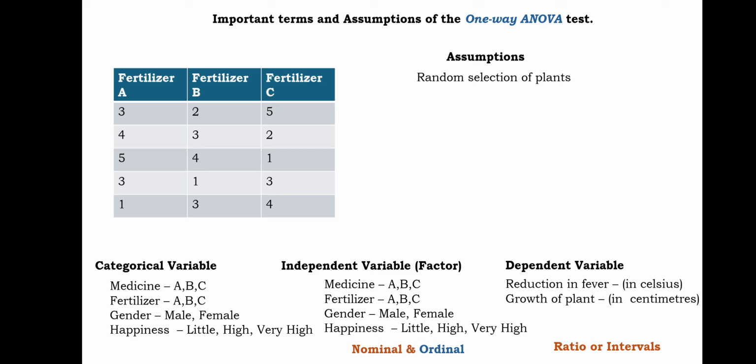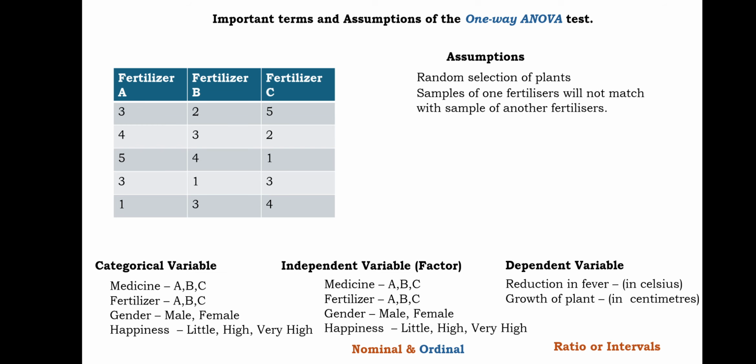The first and foremost condition of the one-way ANOVA test is that all the plants you are choosing for fertilizer A, for fertilizer B, and for fertilizer C, you will select randomly. You cannot choose a plant by your choice.